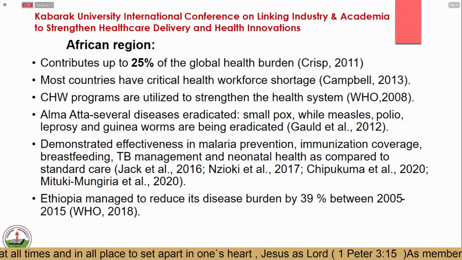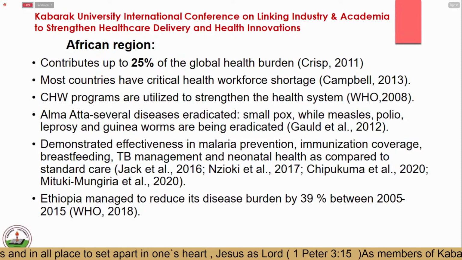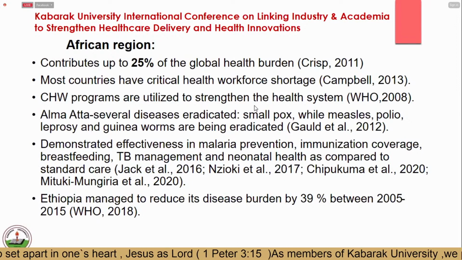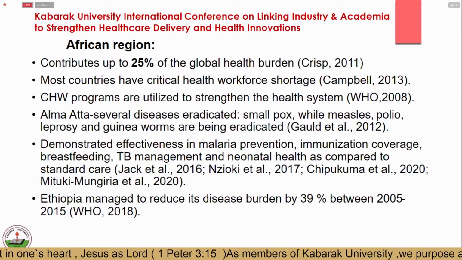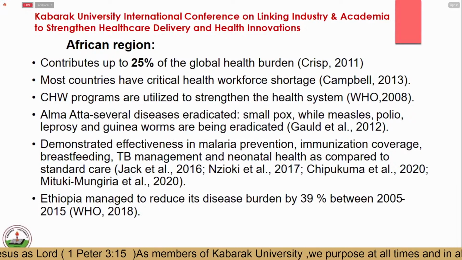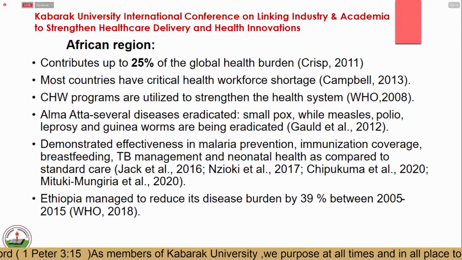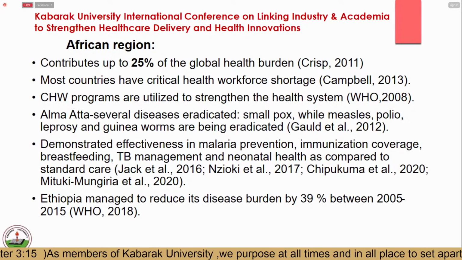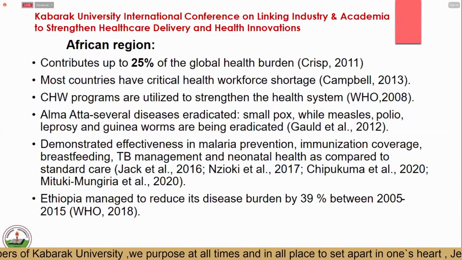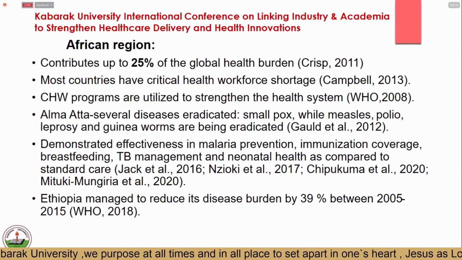This health worker shortage. Community health workers are utilized to strengthen the declaration of Alma-Ata. There are several examples where extensive campaigns are running to see the eradication of measles, leprosy, and guinea worm.